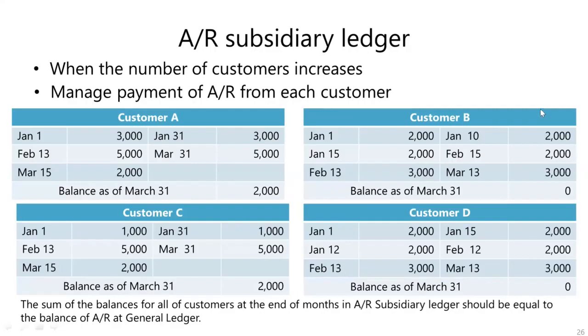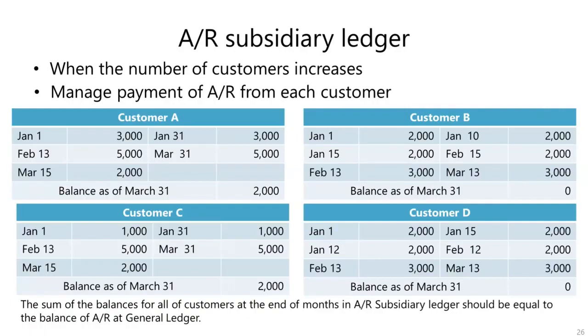And this is the subsidiary ledger for accounts receivable. This is useful when you manage accounts receivable for each customer. Then you can break down by company A, B, C, D, and the debit side is the increase of accounts receivable, and the credit side is when you receive payment for accounts receivable.